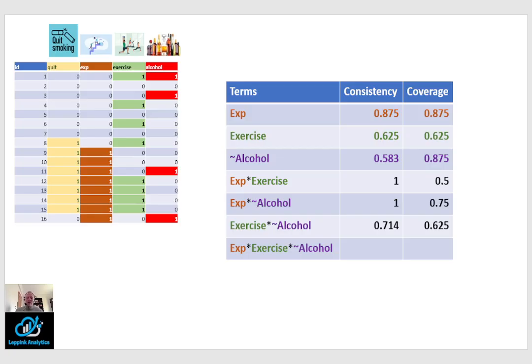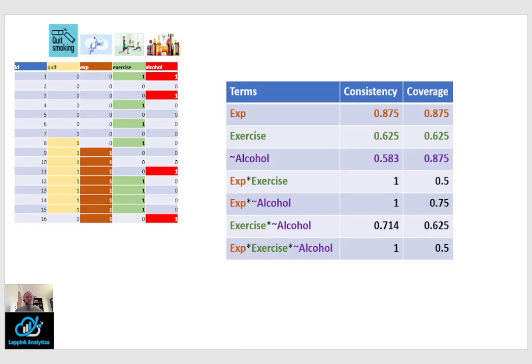And finally, the combined occurrence of health intervention, exercise, and a low alcohol intake, in other words, all else equal, expectedly the relatively healthier subgroup, is observed in 4 cases, all of whom quit smoking. Hence perfect consistency.